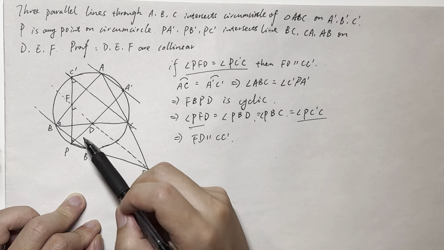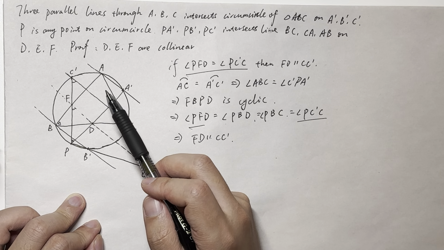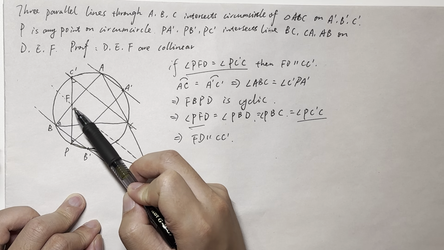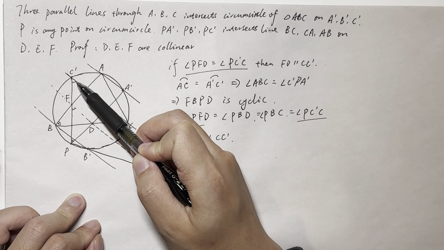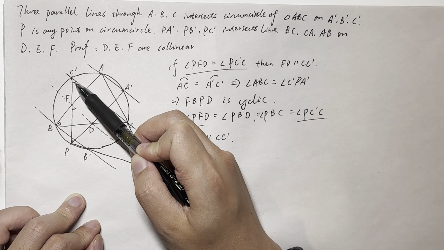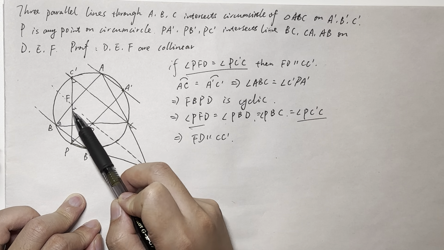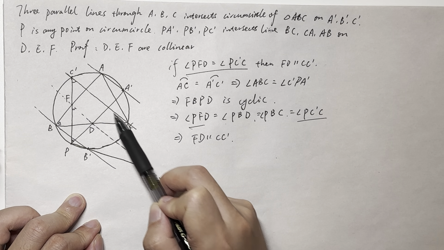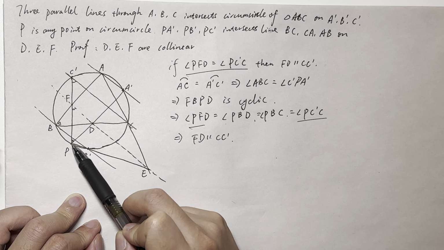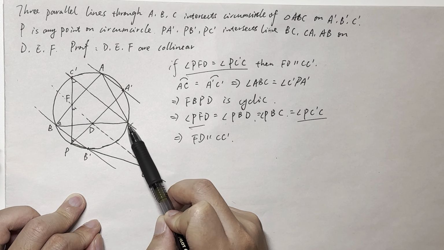If I know that this angle equals this angle, then any angle related to this one should be equal to this one. It's very straightforward to find another angle, that PBC equals angle PC'C.